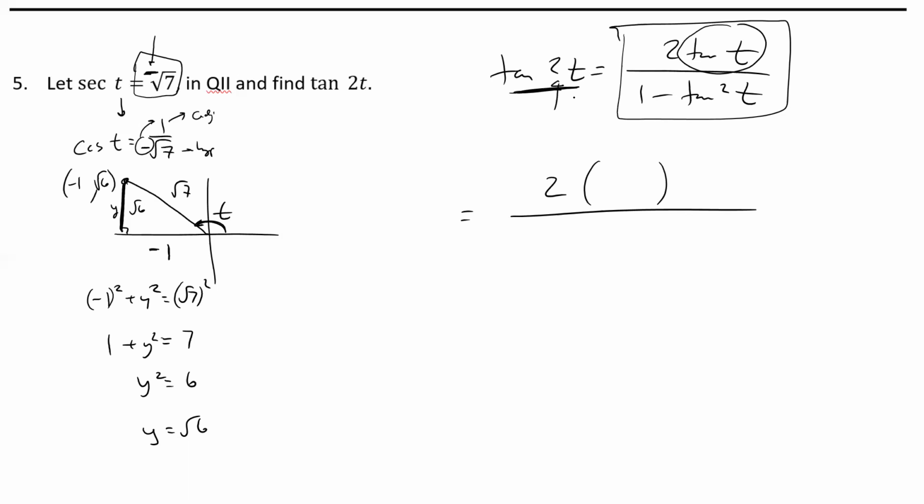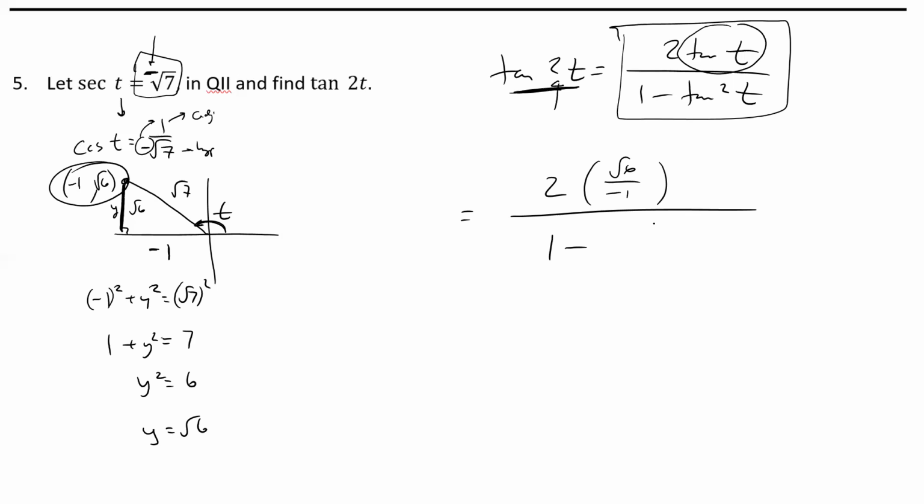That helps. So I'm thinking this guy has to be opposite over adjacent. We're good? Or sort of 6 over -1. Does that make sense?